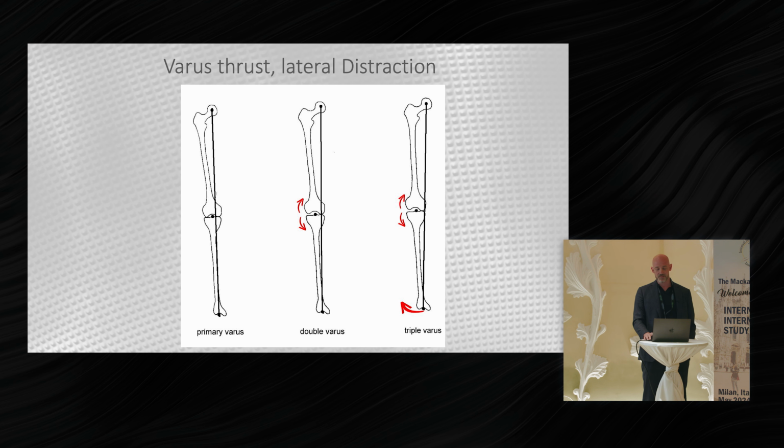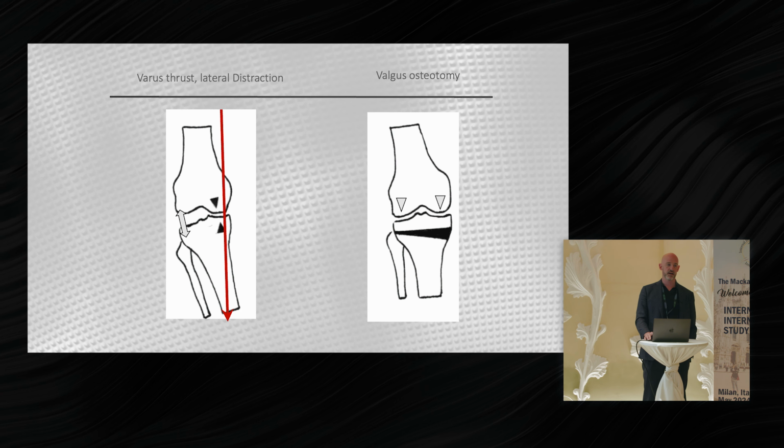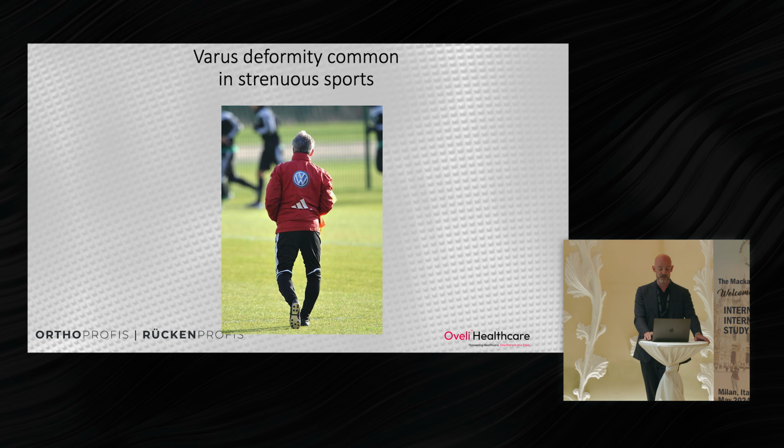Well, as it's sometimes hard to deal with the ligament itself, as you may have seen here in this lab, what you can do is change the underlying deformity. And by changing the underlying deformity, you can change the thrust and therefore the secondary deformity that developed on top of this. So we all know these sportsmen, like here, that is Littbarski, actually a German player that became famous only for his bow legs.